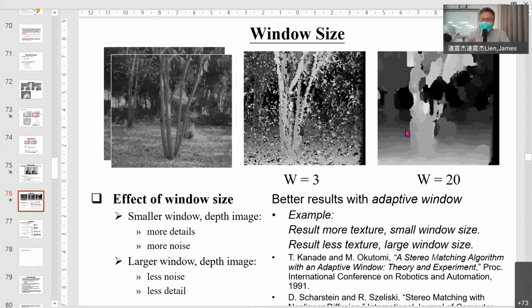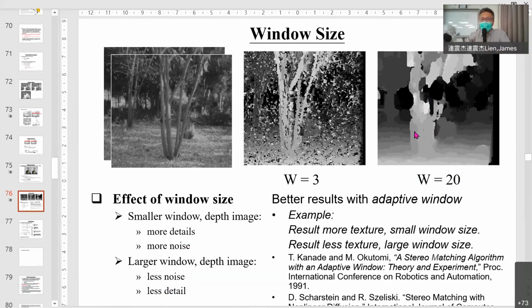If you have a big window, say 20 by 20, you lose the detailed information. It's not global. You have less detail, but you also have less noise, and the result is smoother. The noise is reduced by the neighborhood texture.